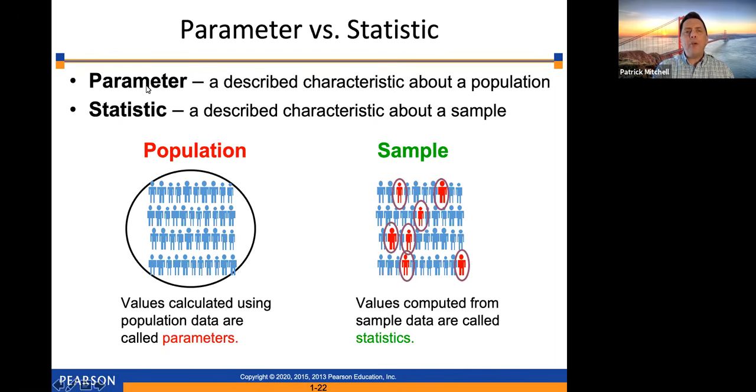Notice that parameter and population start with the letter P. Statistic and sample start with the letter S. So that makes it easy to remember which one's which. Okay, so values calculated using population data are called parameters. Values computed from sample data are called statistics.